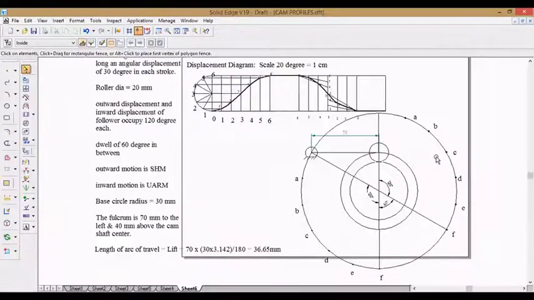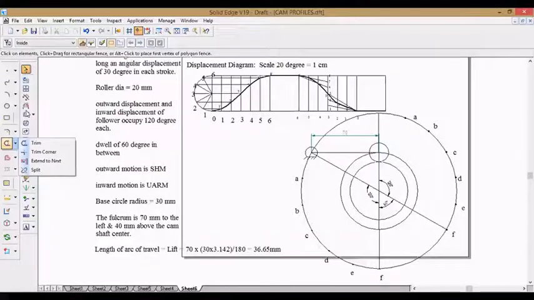So now what you should do, you should measure the 70 mm line. Now you have A, B, C, D, E, F, G, everything. You measure the radius of this pivot circle.